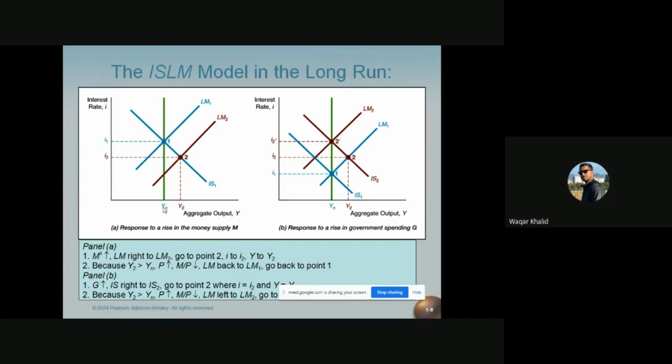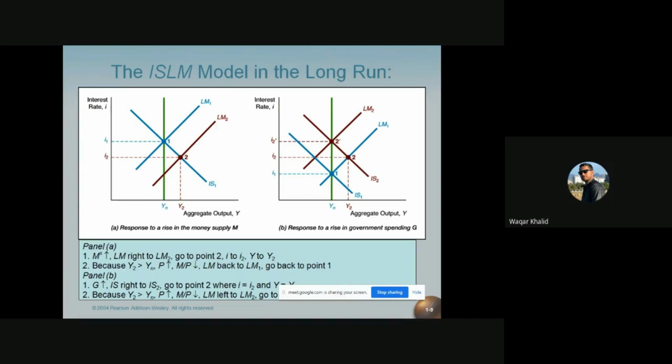This is the level of output at which the price level has no tendency to rise or fall. I mean to say that at the Yn level of aggregate output, the price level has no tendency to rise or fall. But when the economy is above the natural rate level of output, for example, look at point Y2.